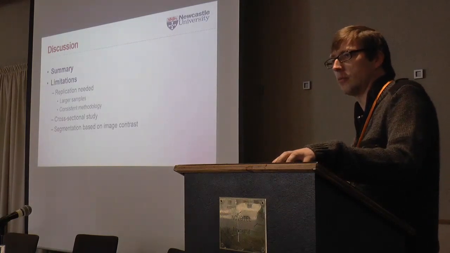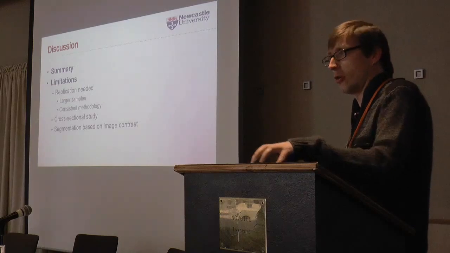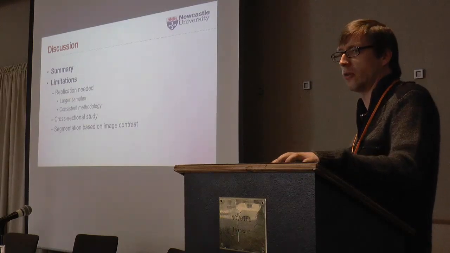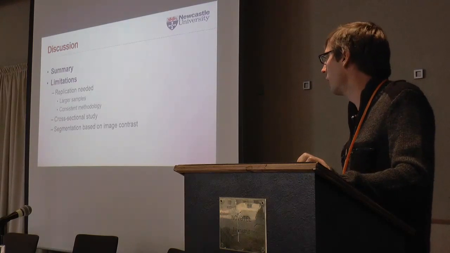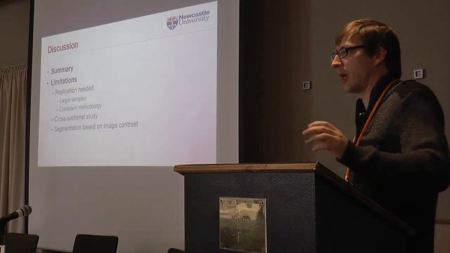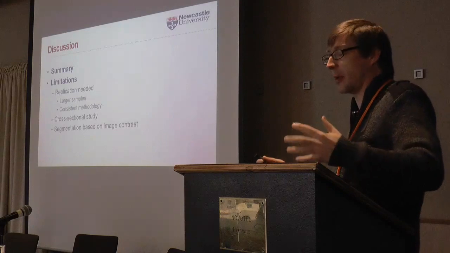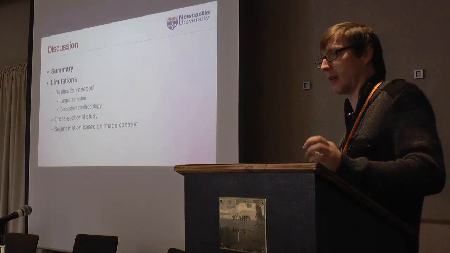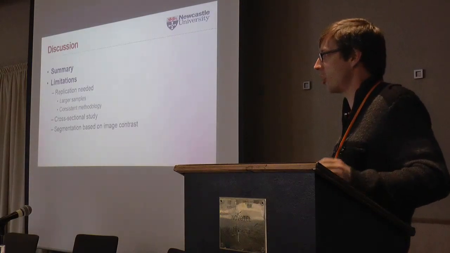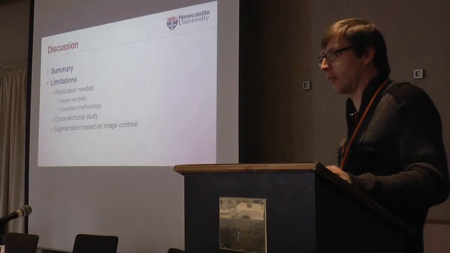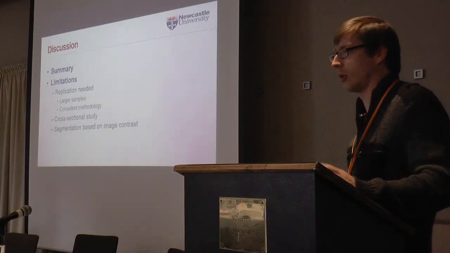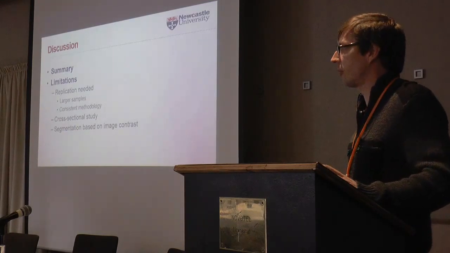And there are other processes other than volume change that may influence these magnetic properties of the tissue, and they may show up as a volume change, but may not in fact be a volume change. So we need to be careful and investigate these further and make sure it's a volume change and not something else.